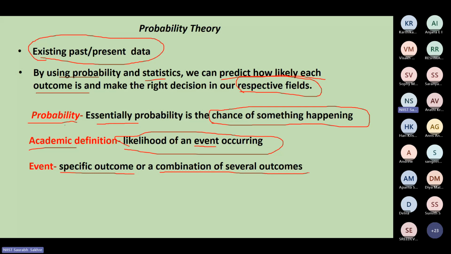That is called an event. And the likelihood of that event occurring is called probability. So I hope the definition of probability is clear to you. Okay, we'll move ahead.